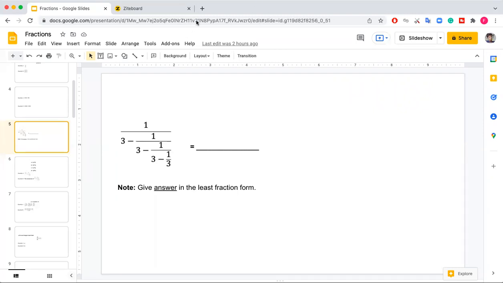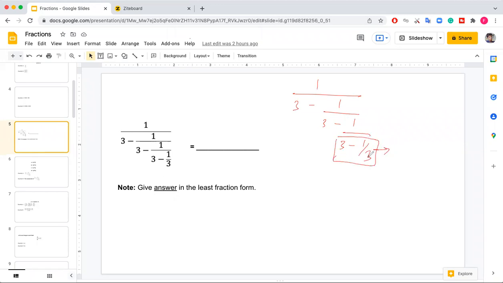Okay, so for this question we have 1 over 3 minus 1 over 3 minus 1 over 3 minus 1 over 3, right? So proceed from here. What is the answer here?